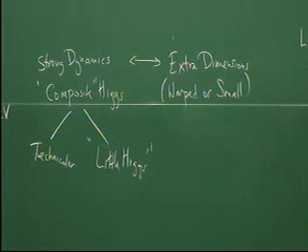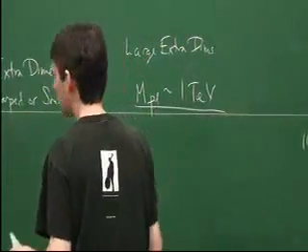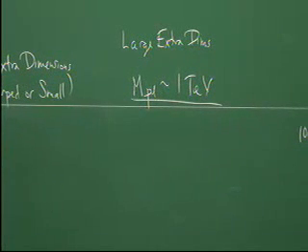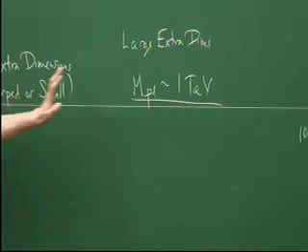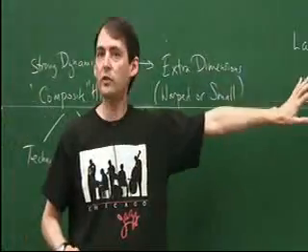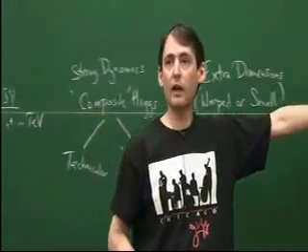Now, there's one other possibility, which is large extra dimensions, and that's really a totally different idea. That's the idea that the solution to the hierarchy problem is that the Planck scale is at the TeV scale. And we're going to run into quantum gravity head-on. Not some quantum gravity that's really dual to gauge dynamics, but just plain quantum gravity. And you might say this is an example of a larger idea, and maybe this is too radical.